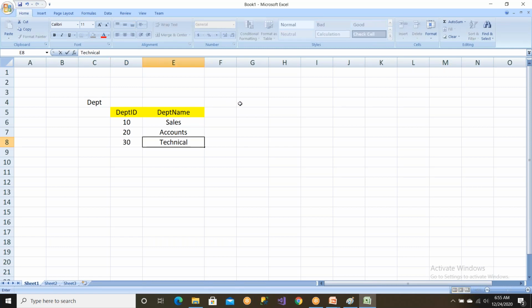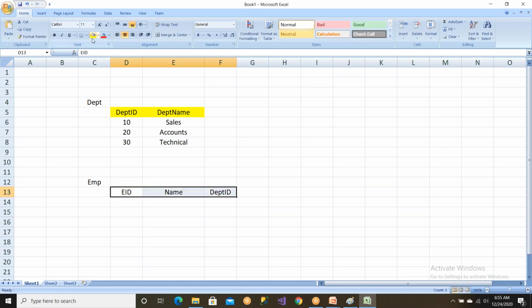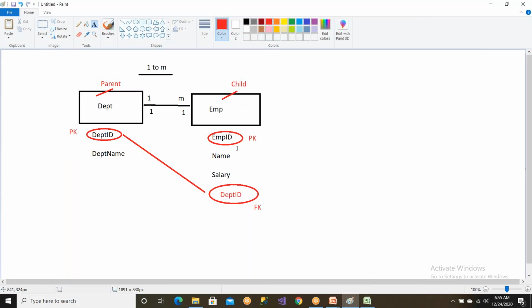Okay. Now what we were doing, we are creating an employee table. Now employee ID, employee name, and we were creating department ID as a foreign key here, right? So this is the parent table and this is the foreign key that has been created.